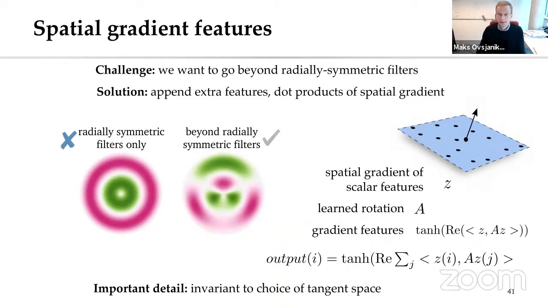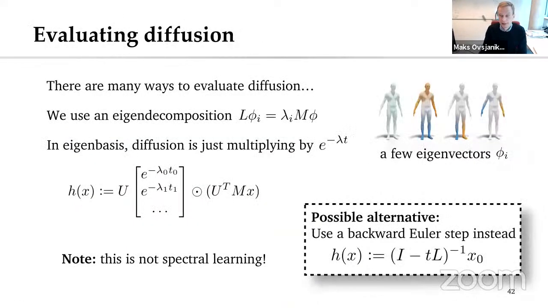Okay. So now the last thing is, how do you evaluate diffusion? There are many different ways of computing diffusion on a surface or in a graph. In this work, we just represent diffusion in the spectral domain. So we have some signal x.